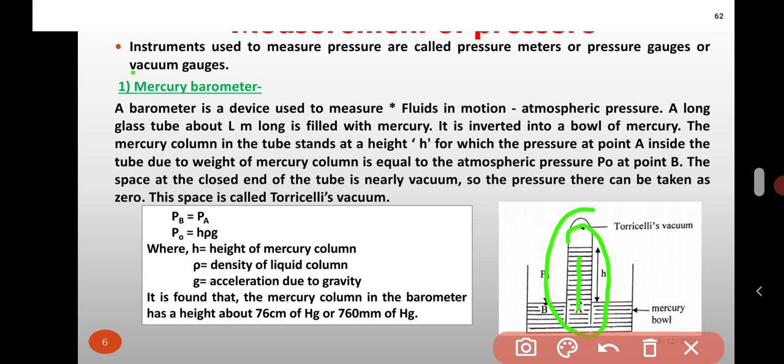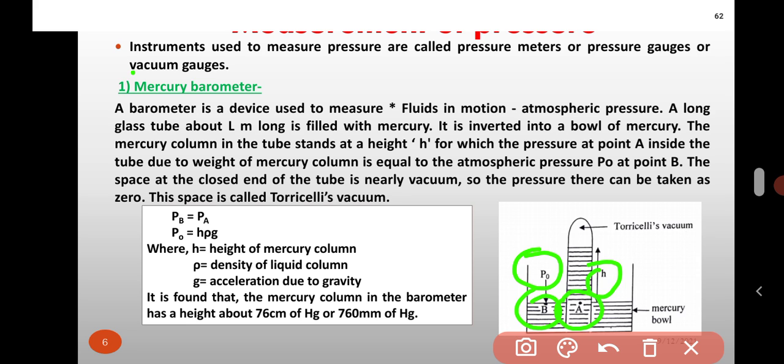It is inverted into a bowl of mercury. The mercury column in the tube stands at a height h, for which the pressure at point A inside the tube due to the weight of the mercury column is equal to the atmospheric pressure P0 at point B.